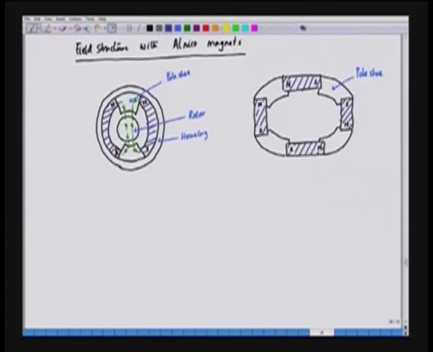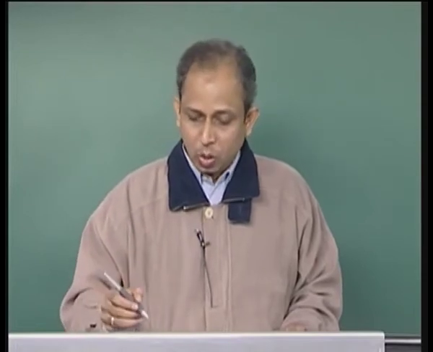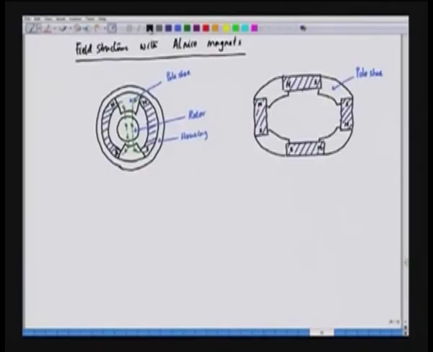So, the pole shoe is basically a soft iron material, and this facilitates the flow of the flux. The rotor is inside, this is the rotor core.